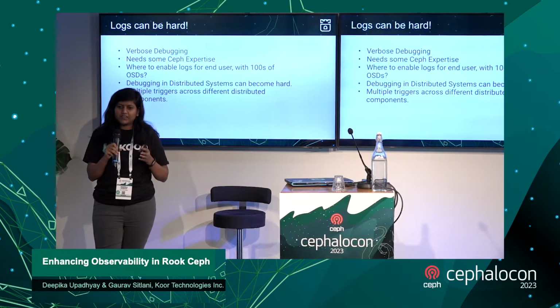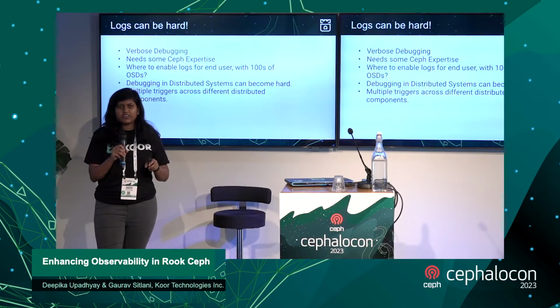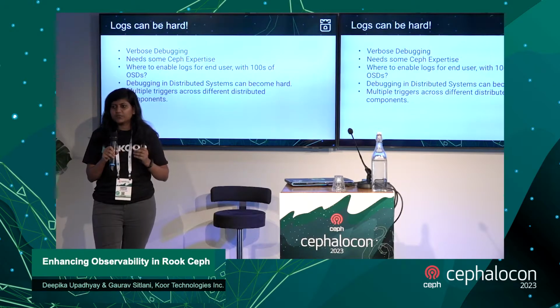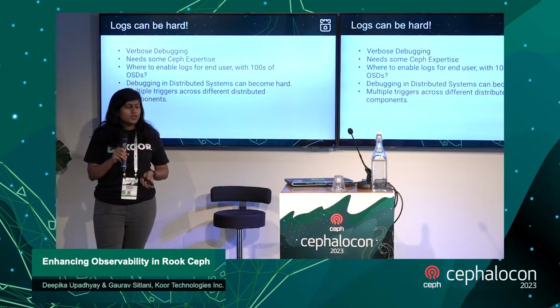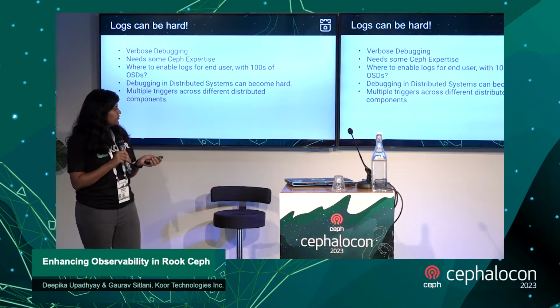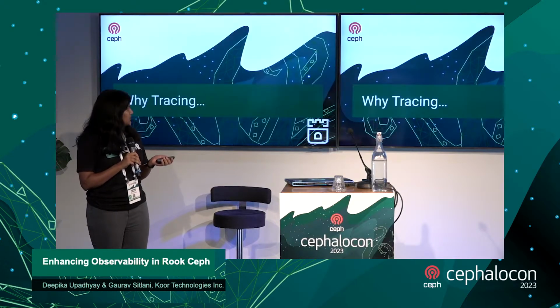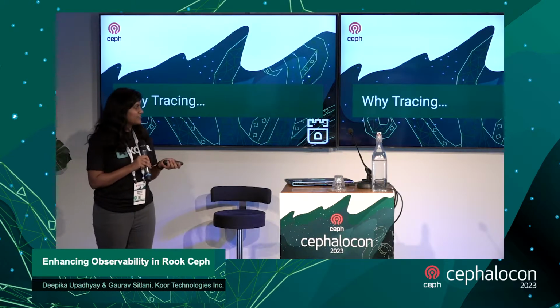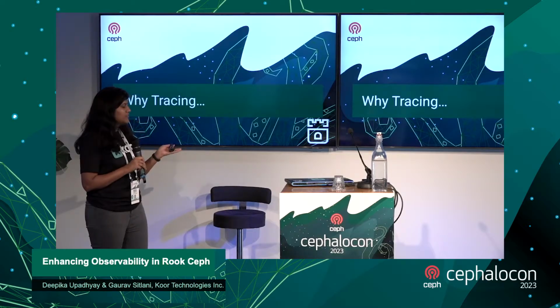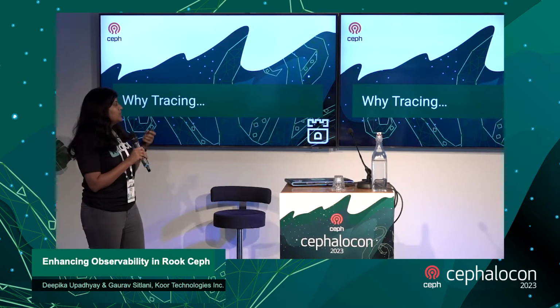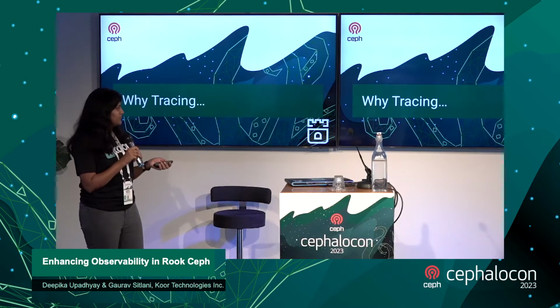Again, not everybody has Ceph expertise at their disposal to make those connections, understand how things are moving and what they should do. That was the problem, and that's why we tried to bring tracing to Ceph.